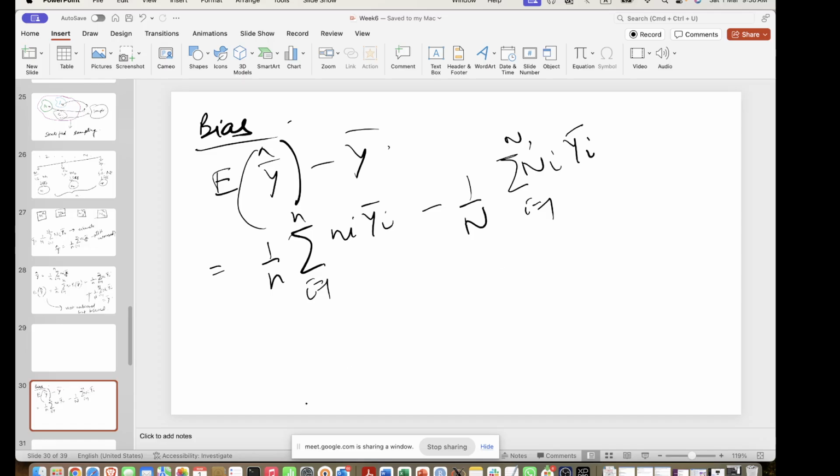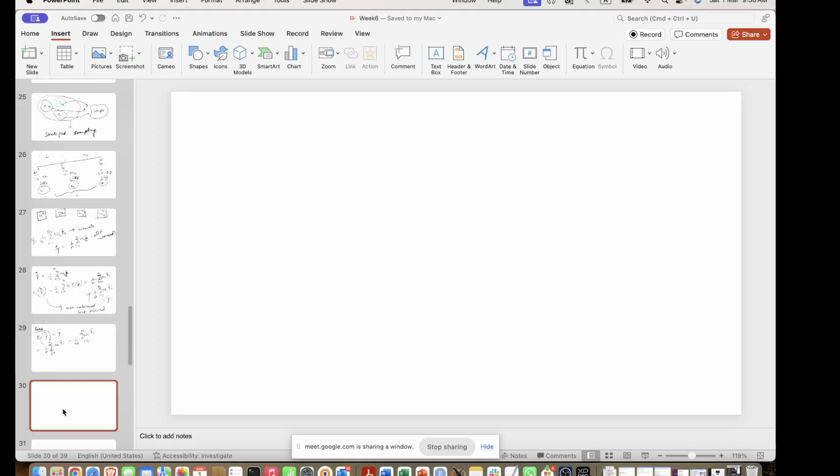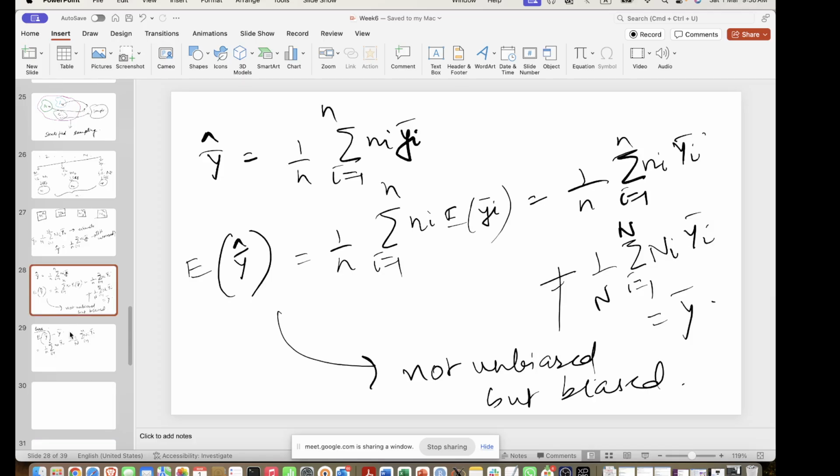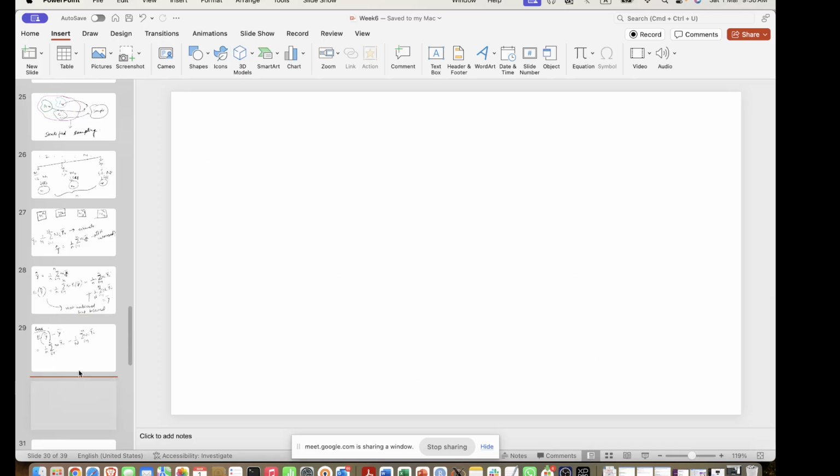Now what happens if I change this to 1 by capital N summation i equal to 1 to capital N of capital Ni small yi bar?